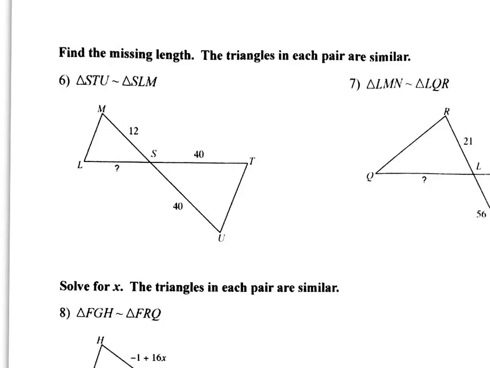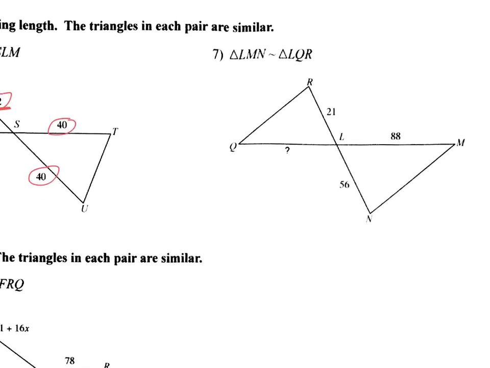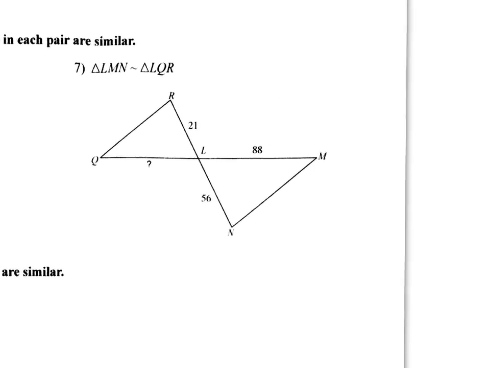Now this first one's actually pretty easy, because if I pay real close attention here, both of those are 40, which means these two are going to have to be equal in this triangle, which means if this one right here is 12, then that one right there also must be 12, because this triangle is an isosceles if those two sides are the same, which means this one's going to have to be isosceles as well. So we didn't have to do any proportions there. Now it doesn't always happen, like in this case.